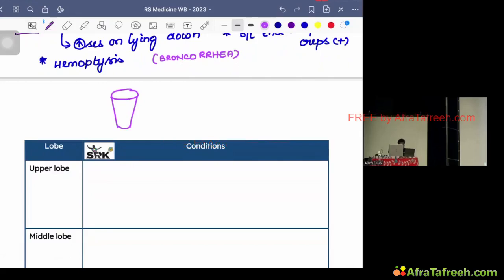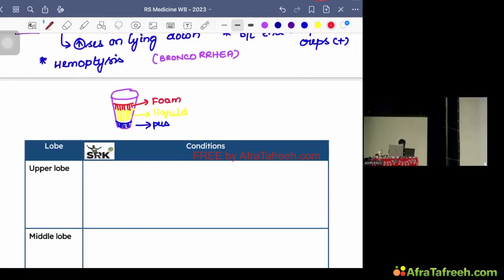On seeing the sputum itself, the doctor will identify the condition, because in the lower layer they are going to have pus collection, in the middle layer they are going to have liquid, and in the upper layer they are going to have foam.